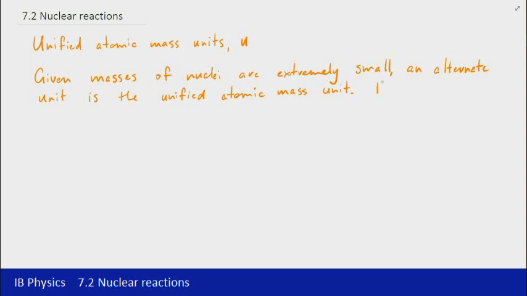Now, it is defined fairly clearly as being 1/12 of the mass of a carbon-12 atom.